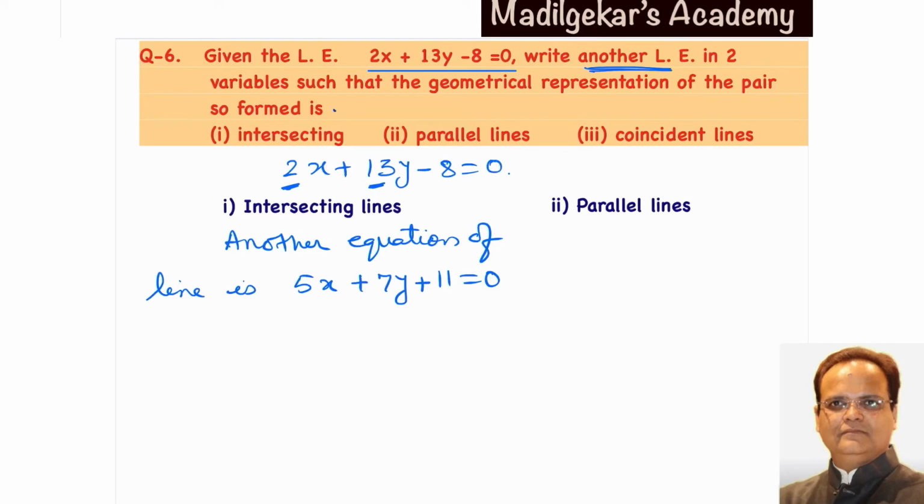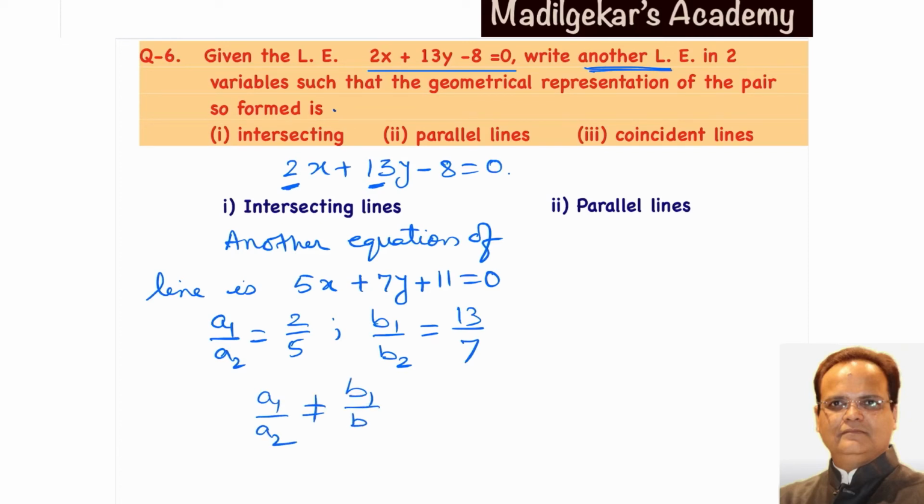And you can check the ratio of the coefficients. a1 upon a2 is 2 by 5, and b1 upon b2 is 13 upon 7. This means a1 upon a2 is not equal to b1 upon b2. So here the required equation of the line is 5x plus 7y plus 11 equals 0.